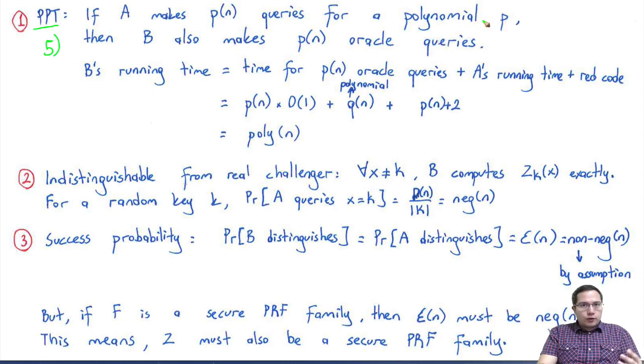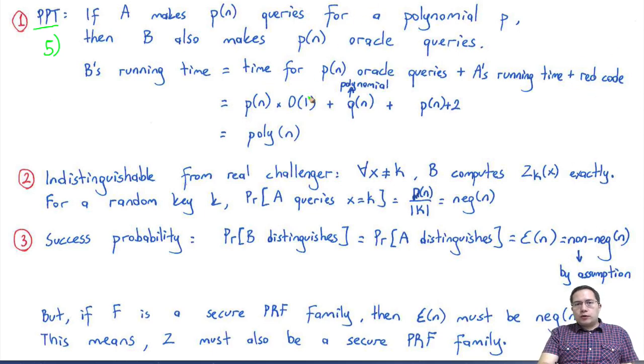So for every query that A makes to B, B also makes one query to its own challenger. Remember, B's running time is the sum of these. So the time for P(n) oracle queries plus A's running time plus the red parts that make up B's code.